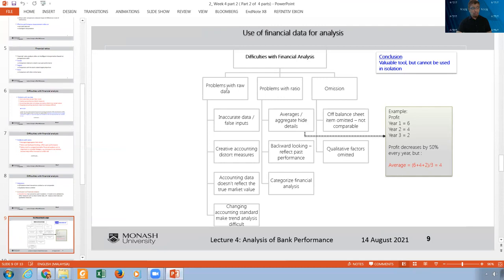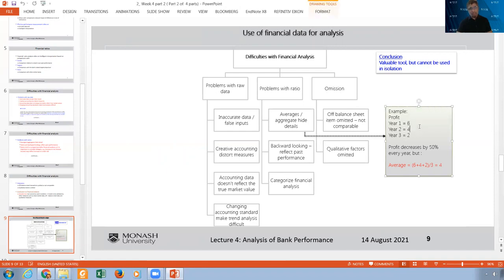Now, let me just show you the difficulties with financial ratios. I said we have a problem with the data, because the input can be wrong, either because we are cooking the numbers or because accounting policies allow us to manipulate the numbers. We have a problem with ratios, which is the averaging. Look, for example, at this bank or firm.